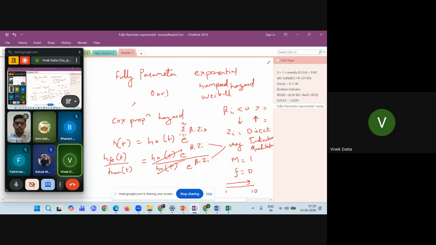And we looked at iteration where we have more than 2 or 3 indicators. So how do we go about it? We saw that. And then we have Z i's which are direct. Direct measurement can be a number. Say, for example, I am 30 years old. That's my age.